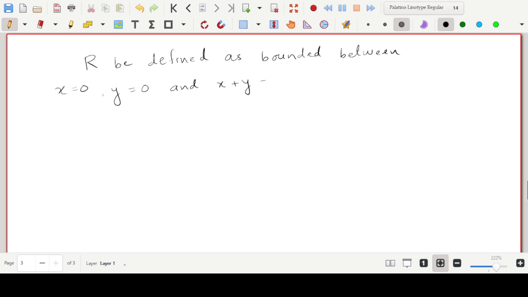Let R be defined as the region bounded between the lines x equal to 0, so this is the y axis, y equal to 0, so this is the x axis, and x plus y equal to 1.